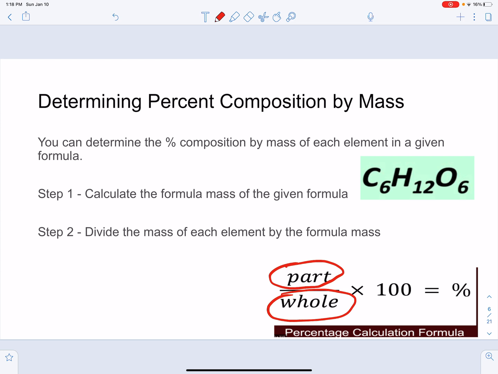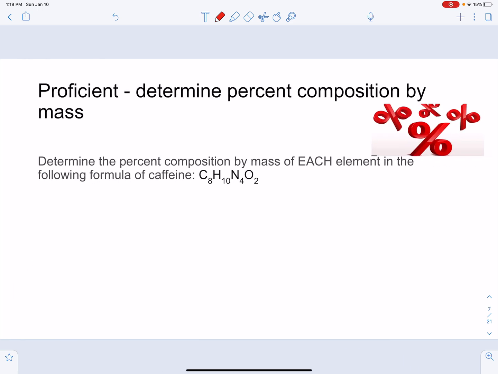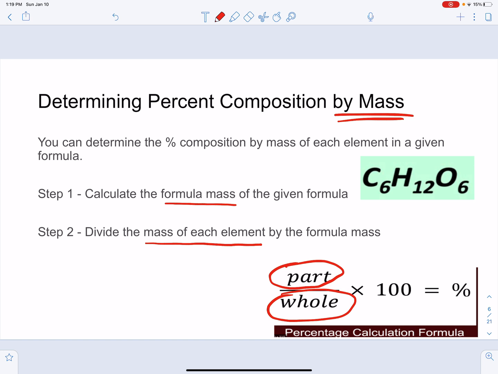So if we're going to determine percent composition by mass, we need to know the total mass, and then we need to know the mass of each element. So calculate the formula mass of the given formula, and then divide the mass of each element by the formula mass. In this particular example, we would take the mass of this entire molecule.